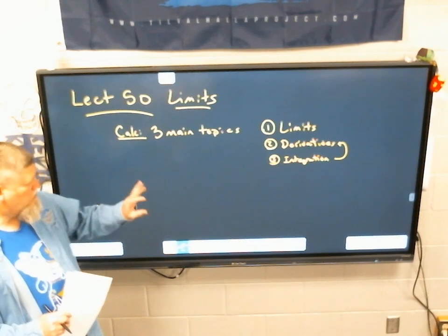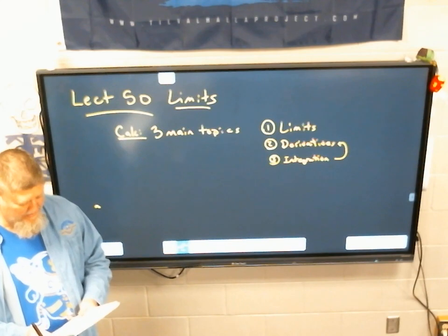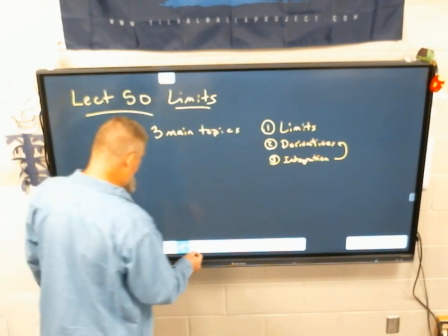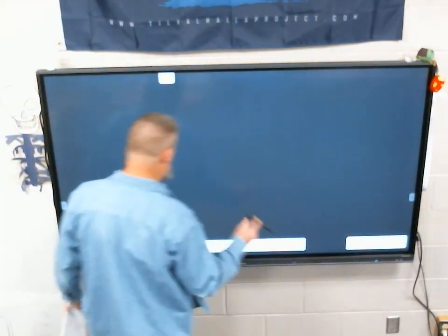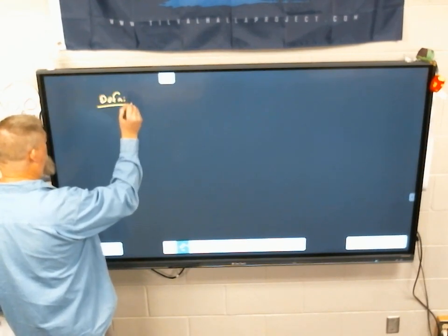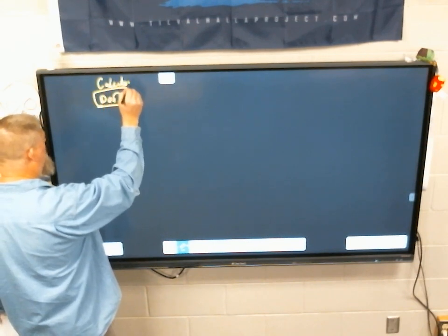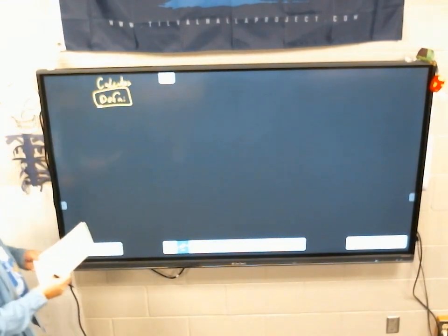But we sort of want to touch on this basic idea of what exactly is a limit. What exactly is that concept? So let's first of all talk about a definition, and this is more of a definition of calculus. Some people ask what exactly is calculus.